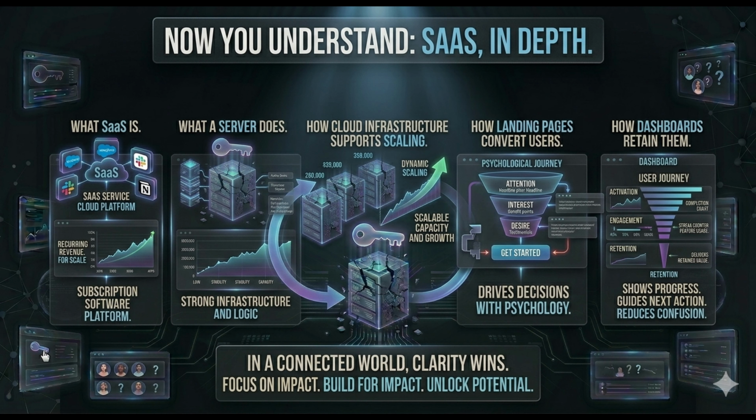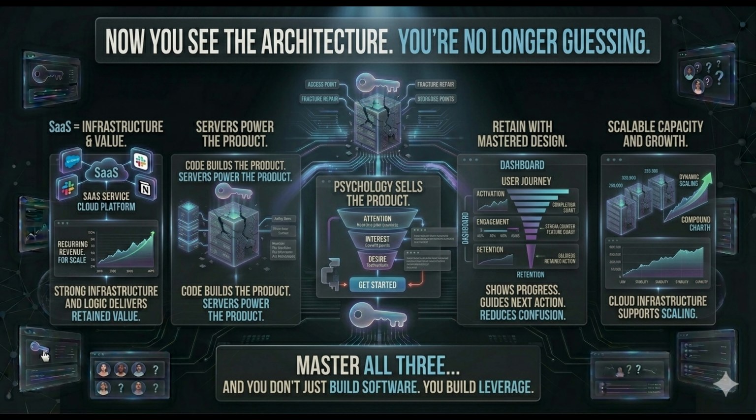What is SaaS? What does a server do? Hope you understand now. What is SaaS? What is a server? How good infrastructure supports scaling? How landing pages convert users? How dashboards retain them? You are no longer guessing. You see the architecture. Remember this: code builds the product, servers power the product, psychology sells the product.